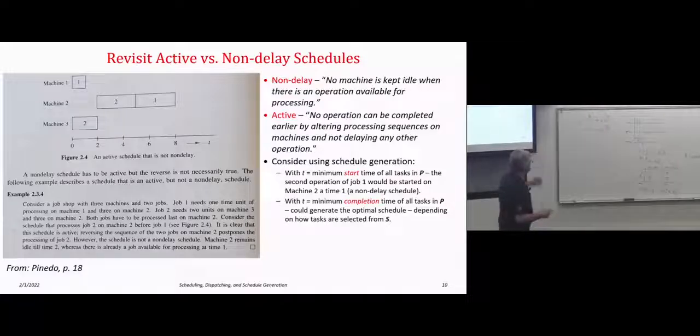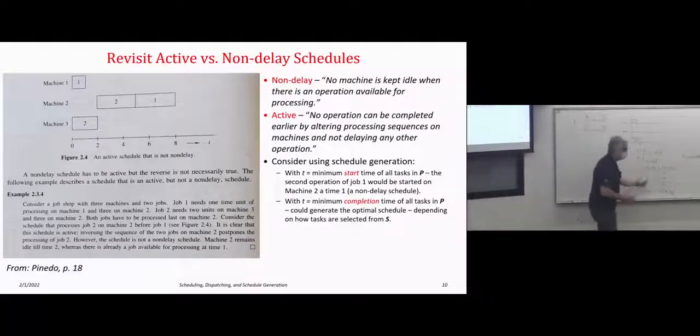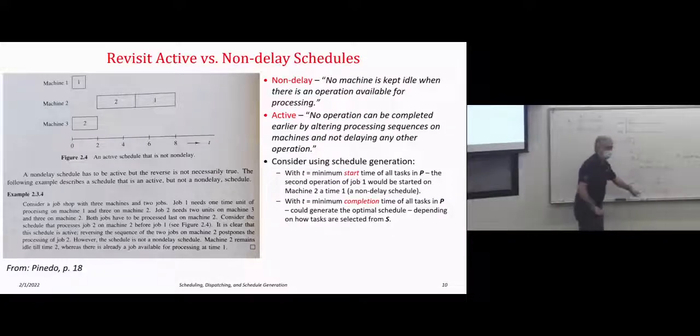Okay? So let's think about this. So let's start with this one, right? So if we were using this rule, and we did schedule generation, we would say, okay, well, I only have one feasible task. It's 1, 2, and so it would start right here at time 1, and it would go to 4. So this is 1, 2, right?